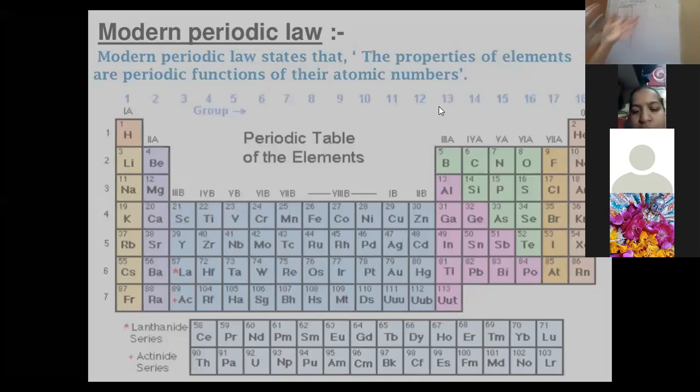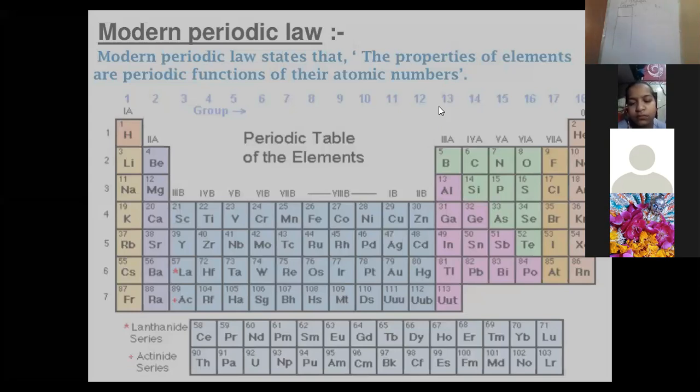But it is not a metal. It is not part of the alkali metals, so it has been separated out by the color scheme. The color scheme of hydrogen is different from that of the alkali metals, that is lithium, sodium, potassium, right? I hope I am clear on this point also.